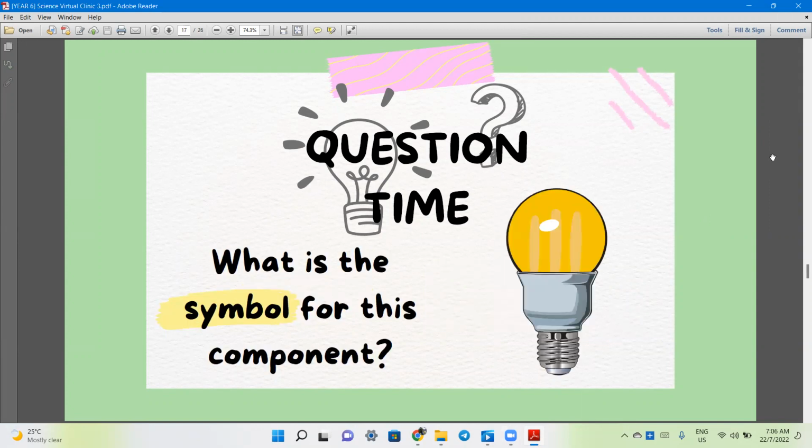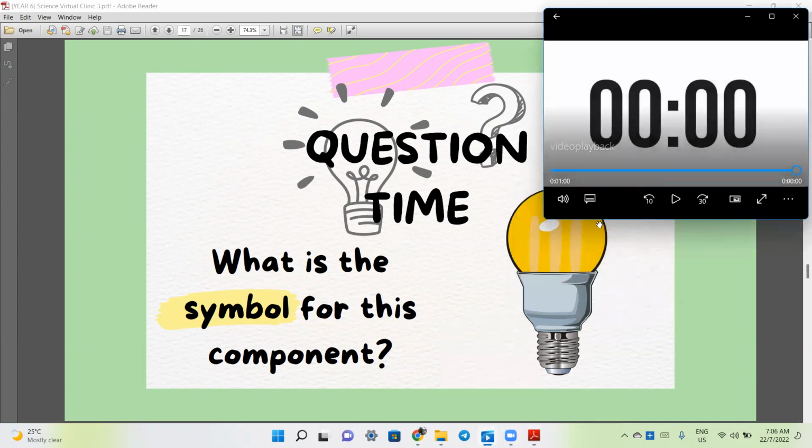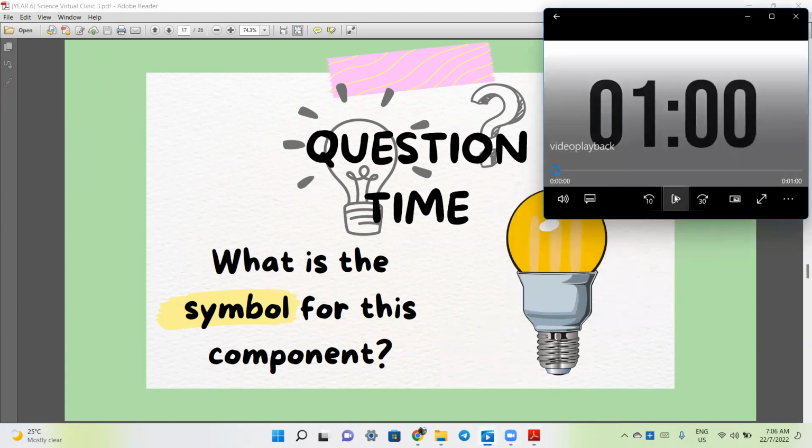Okay, last one. What is the symbol for this component? I'll put a 1 minute timer. Let's go.